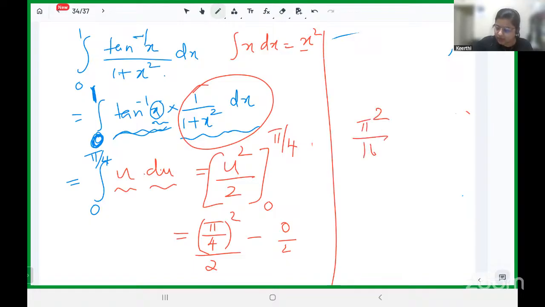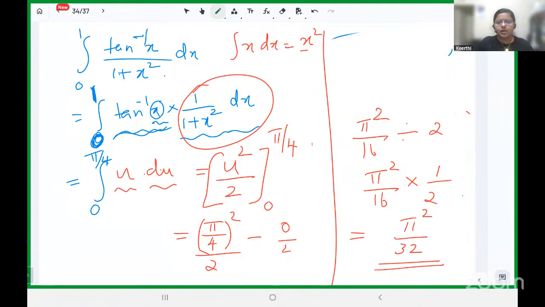Pi square by 16 divided by 2. So this is pi square by 16 into 1 by 2, which is equal to pi square by 32. Alright, so that is the value of that particular integral, integral 0 to 1 tan inverse of x by 1 plus x square into dx.